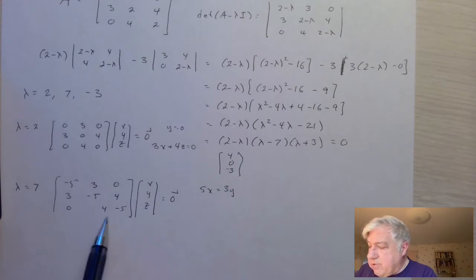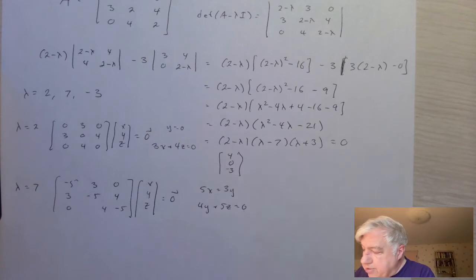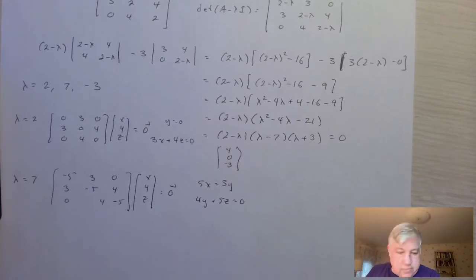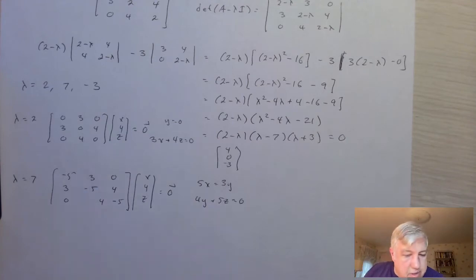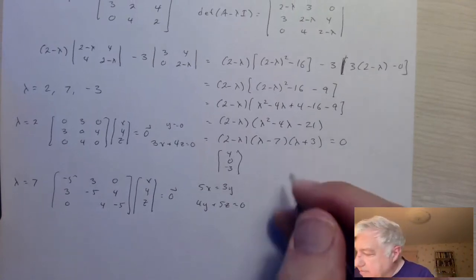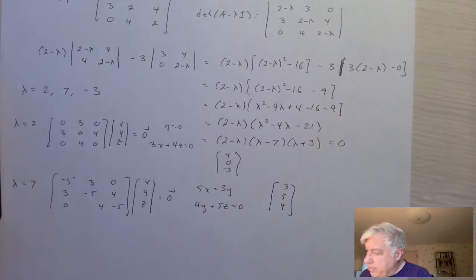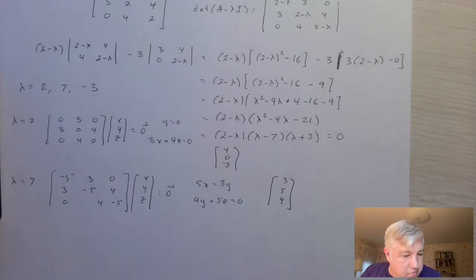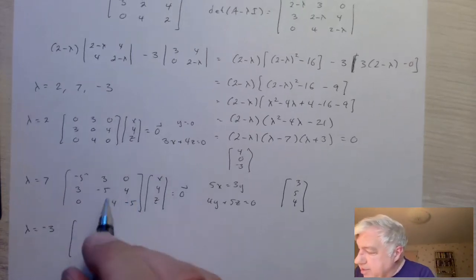And from the last row, we get negative 5z plus 4y equals 0. The middle row you can check is dependent on the other two. When everything is said and done, I believe (3, 5, 4) will work.